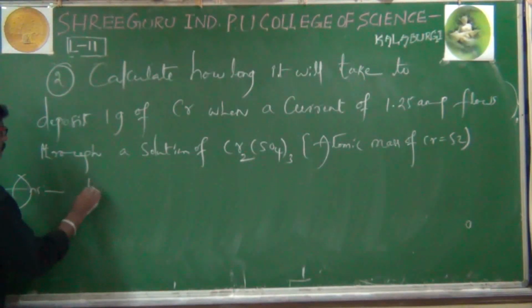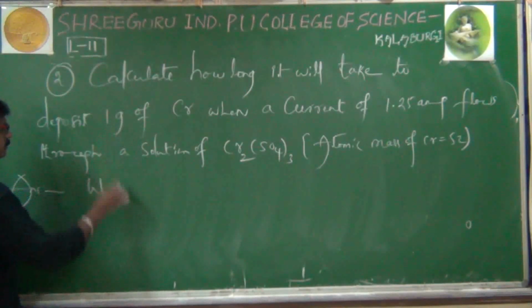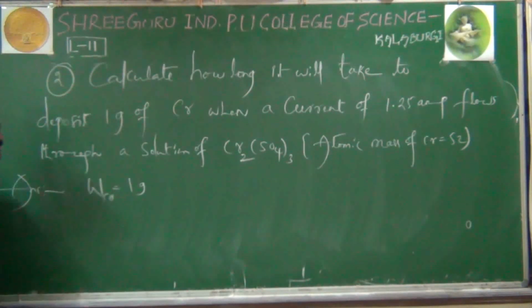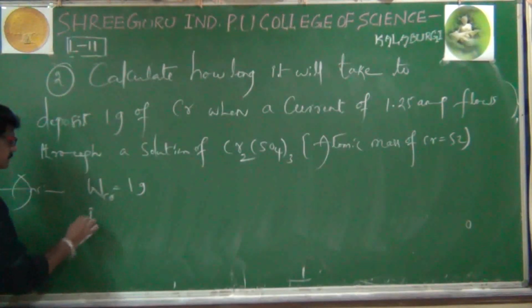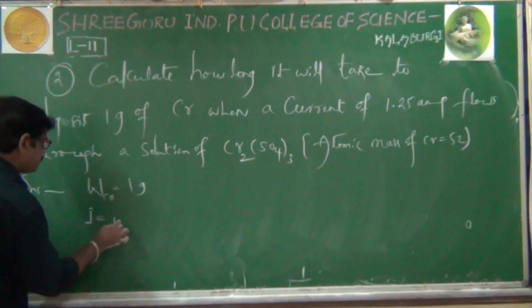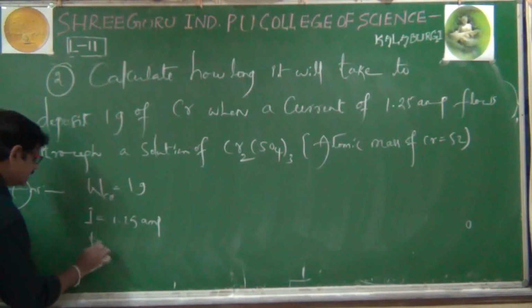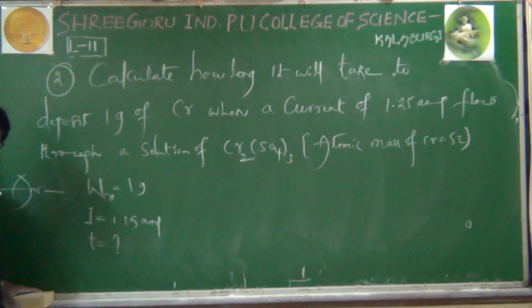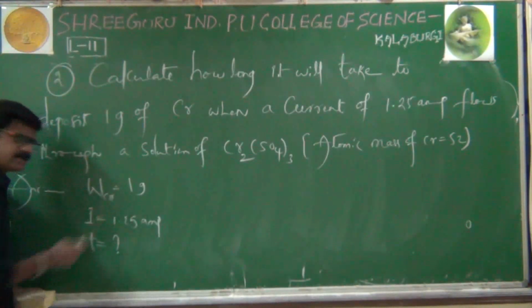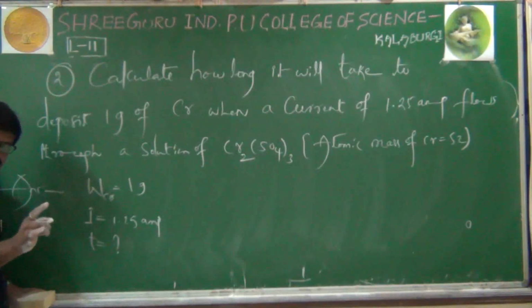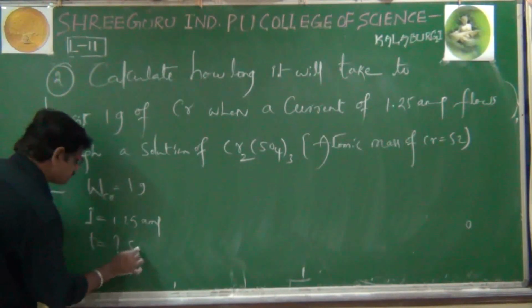Deposit 1 gram, mass of chromium is equal to 1 gram, already given in the question. Next, I is given, I is equal to 1.25 amperes. Next T is a question mark. Remember, if the current is given in amperes, the time answer you will get is in seconds only.